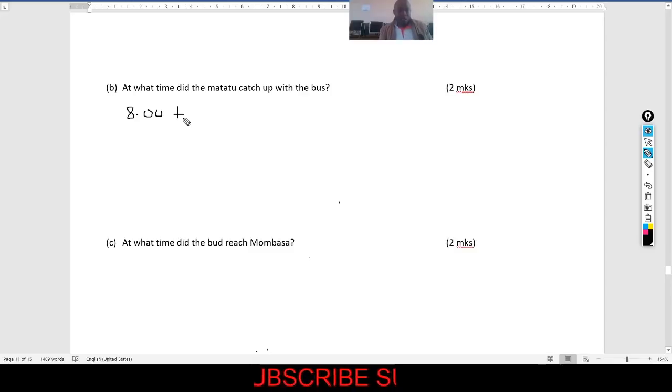Remember, it had gone for 20 minutes and then it stopped for 30 minutes. So we find that 50 minutes, we add the 50 minutes, then we add the time it took after starting now to run again for it to catch it up. It was 1 hour and 10 minutes, like we have found from above, 10 minutes.